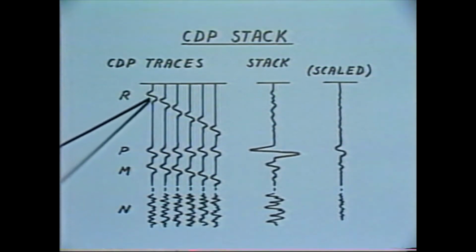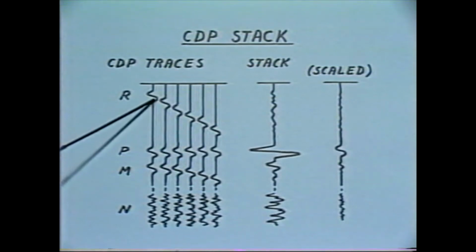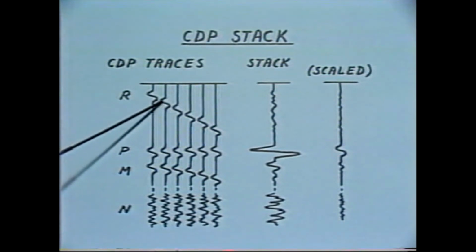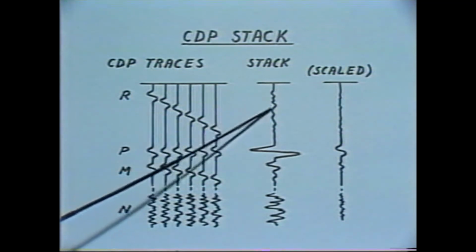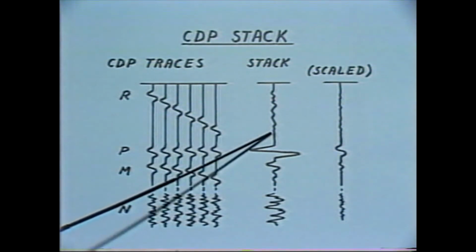With an event such as the refraction events, we may have a situation like this where we would be summing a positive amplitude on one trace with a negative amplitude on another. So there tends to be some cancellation of these events in the stacking process.